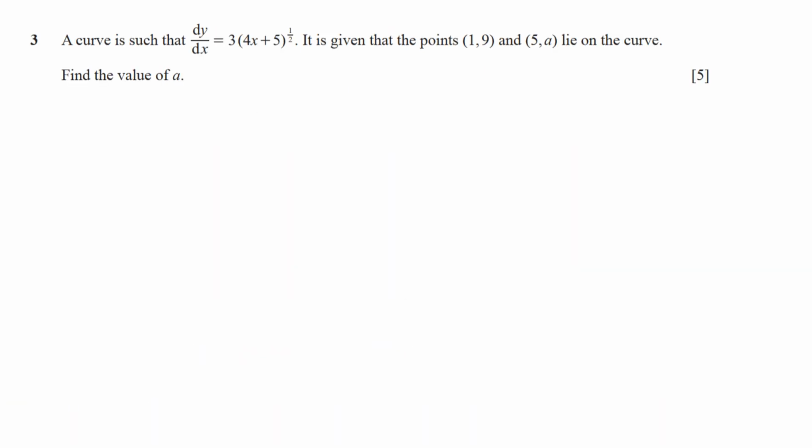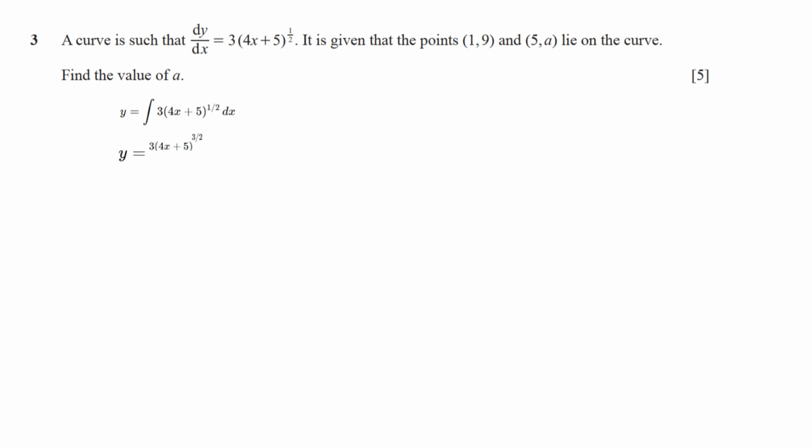We are given dy by dx equal to 3 times 4x plus 5 the whole power 1 over 2. Integrate to find y. Y is equal to integral 3 times 4x plus 5 the whole power 1 over 2 multiplied by dx. 3 times the base 4x plus 5. Increase the power of the base by 1. So the power will be 3 over 2.